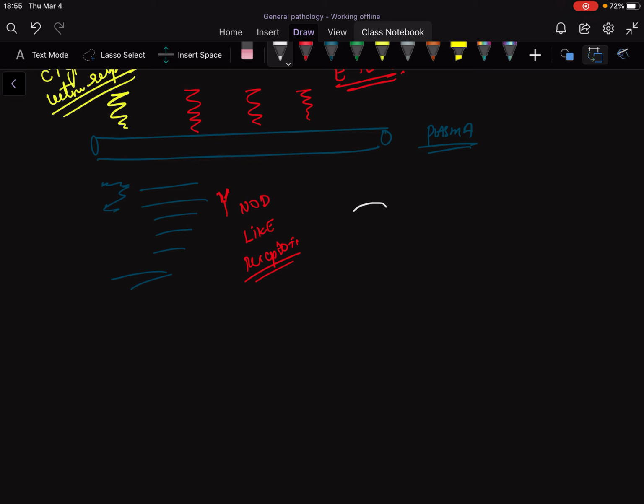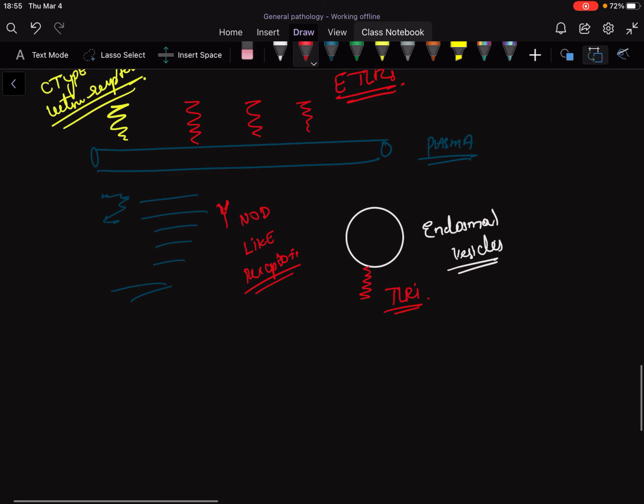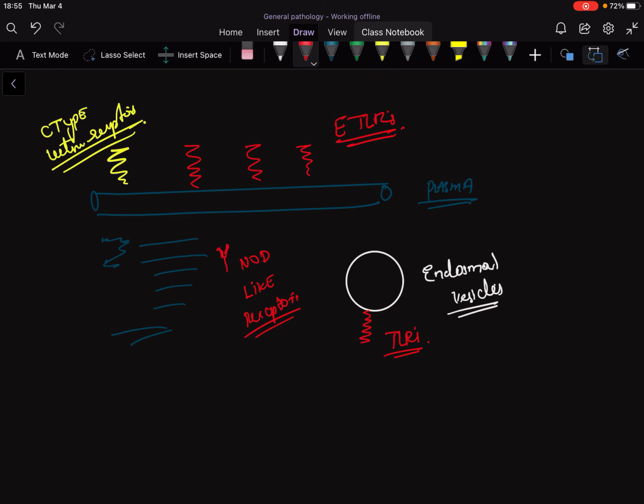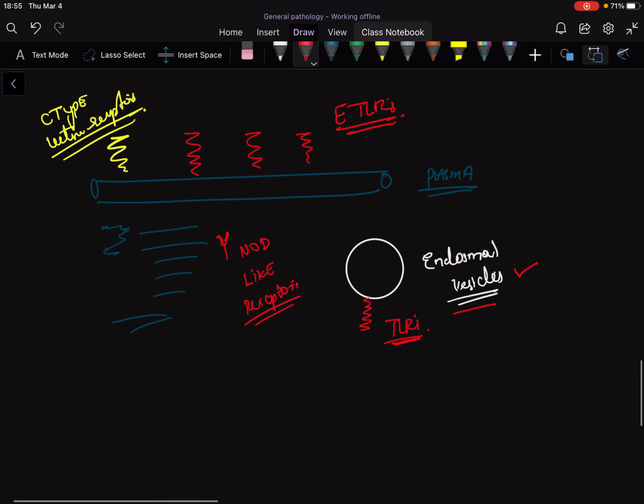Intracellularly there are vesicles, called endosomal vesicles, and these endosomal vesicles contain receptors on them. These are also toll-like receptors. So toll-like receptors are present extracellularly and also intracellularly. Intracellular toll-like receptors are present on endosomal vesicles. Okay, and C-type lectin receptors are present outside.